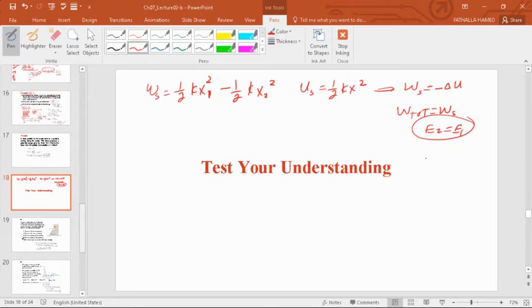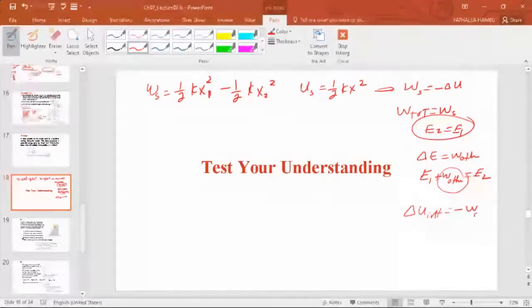But in cases where we have a delta E, it should equal the work done by other forces, and we said that E1 plus the work done by other forces should equal E2. This work, which in some cases could be friction, takes energy away from you, so delta U internal should equal minus the work done by the other forces, and this is where it goes, into changing the internal energy of the system, not just the object.